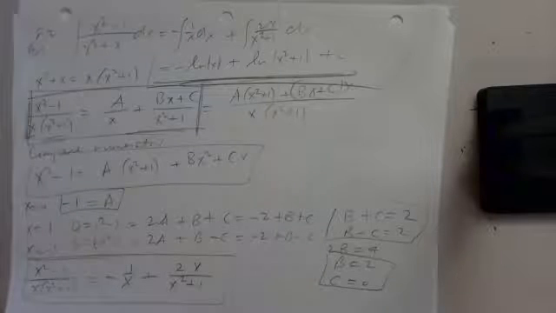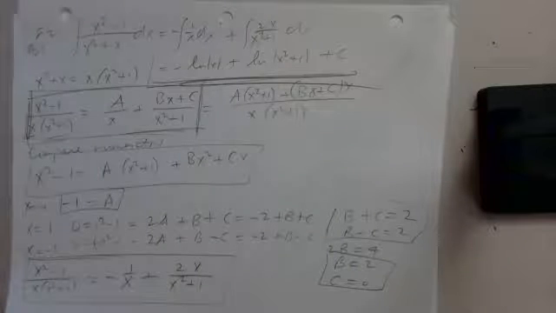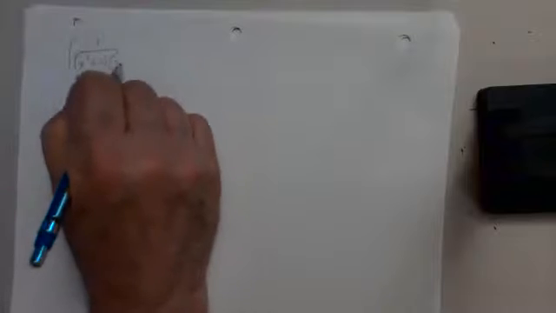Professor, what happens if they're both quadratic? So suppose you had something like the integral of 1 over (x squared plus 1) times (x squared plus 2).